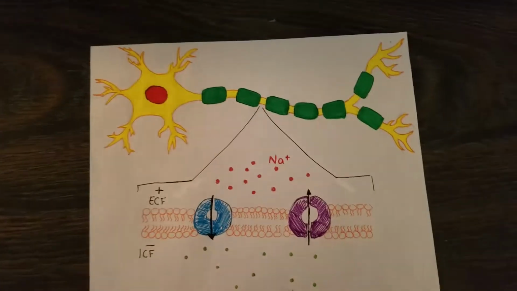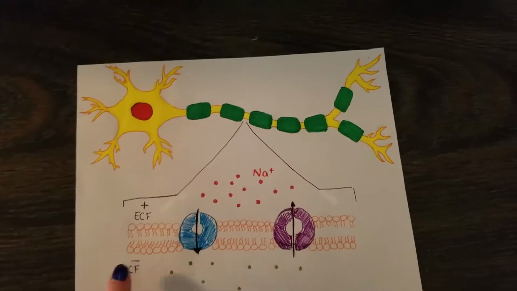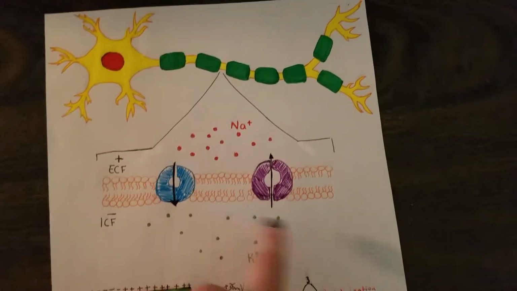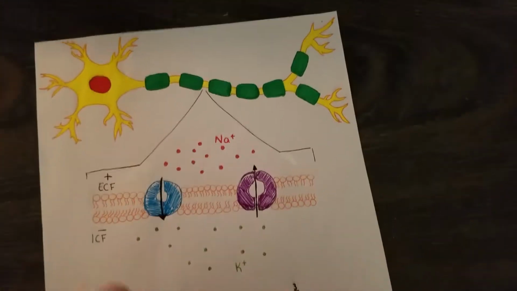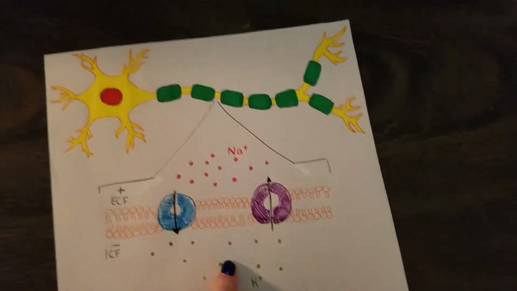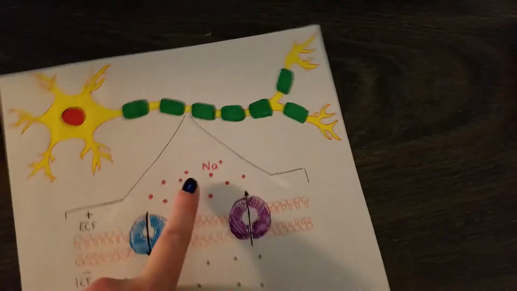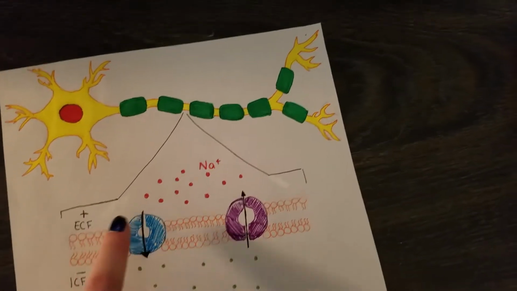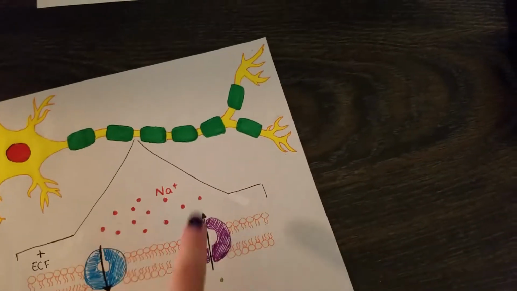In a resting membrane state, the ICF, or the inside of the neuron, is negative and it is filled with potassium ions, while the outside of the neuron, or the ECF, is positive and it is filled with sodium ions.